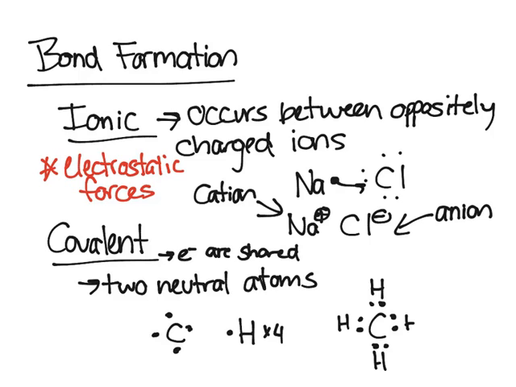Let's use red for carbon and the carbon electrons in red. Those are the electrons that came from carbon, and the ones in black came from hydrogen.